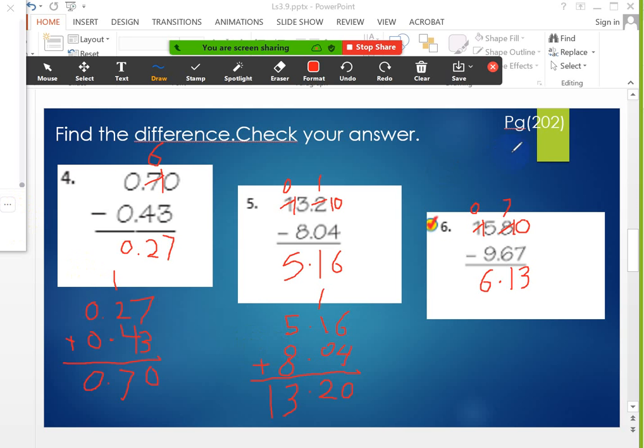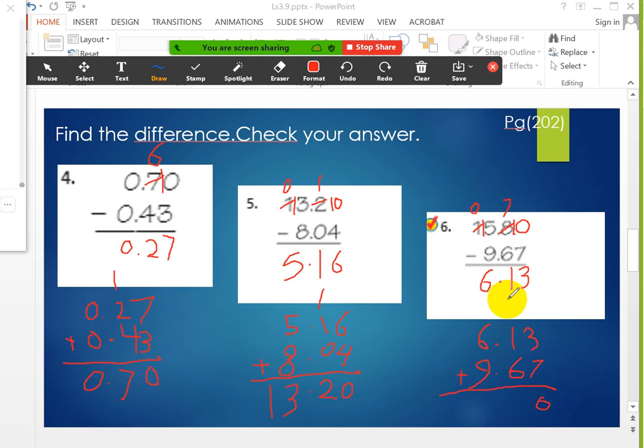Okay, now if I want to check my answer is correct, I will add 6.13 to the smaller number 9.67. Let's see. 3 plus 7 equals 10.